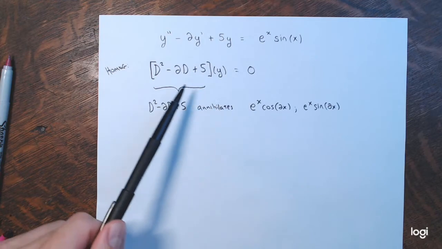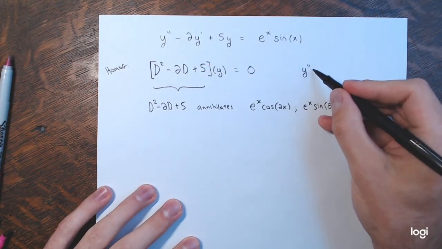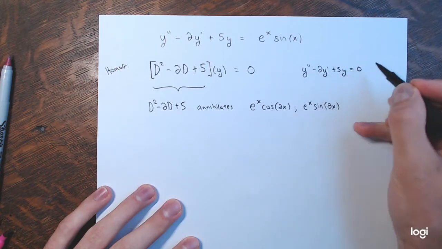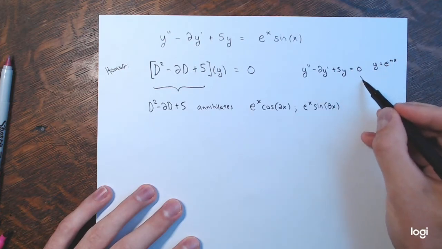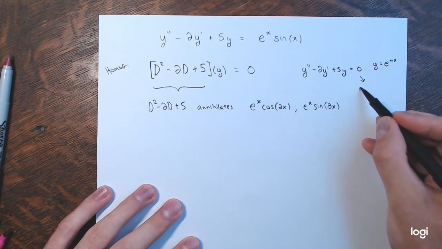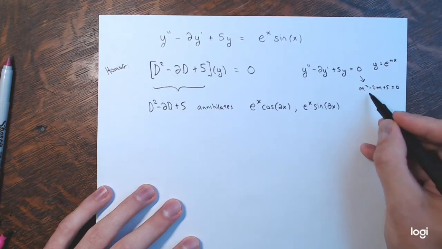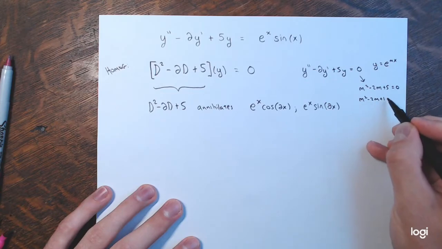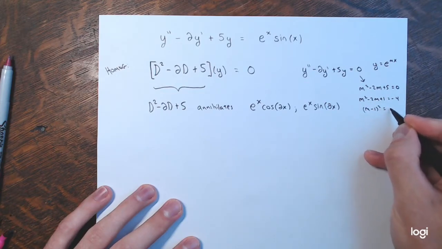If this isn't familiar to you, look at the homogeneous equation over here and let y equal e to the mx, and then you'd have the auxiliary equation m squared minus 2m plus 5 equals 0. This would be m squared minus 2m plus 1 equals negative 4, and then you've got m minus 1 squared equals negative 4.